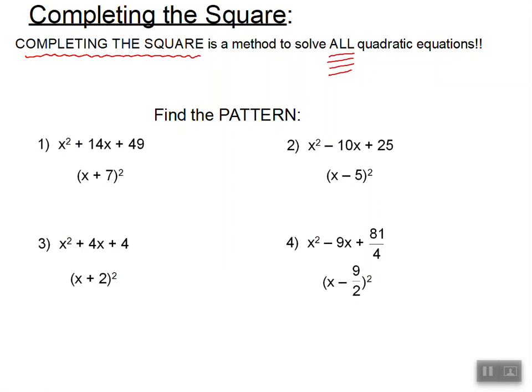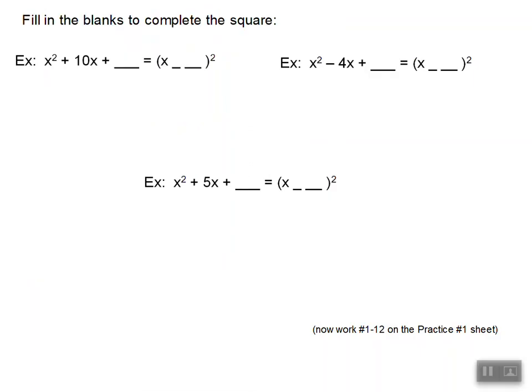Let's see if we can do a little bit more. Let's say we've got x squared plus 10x plus a blank. I wonder what number will fit right here to make this a perfect square trinomial. Well, here's how we can do it. All we have to do is take half of this middle coefficient. If I take half of 10, of course I get 5.